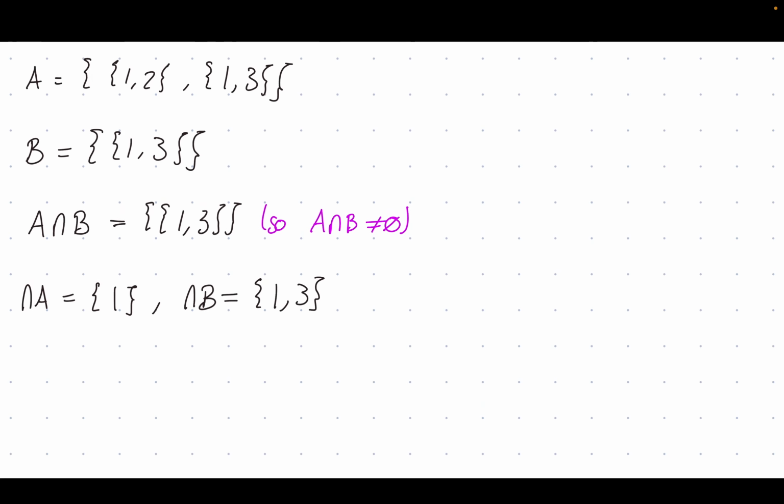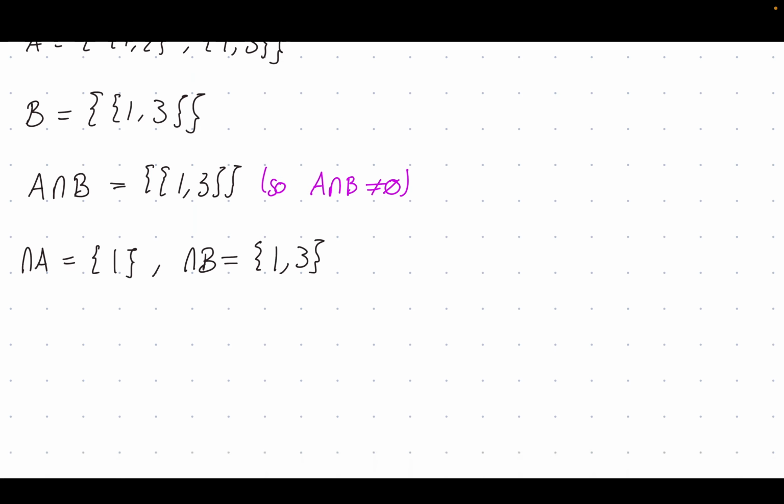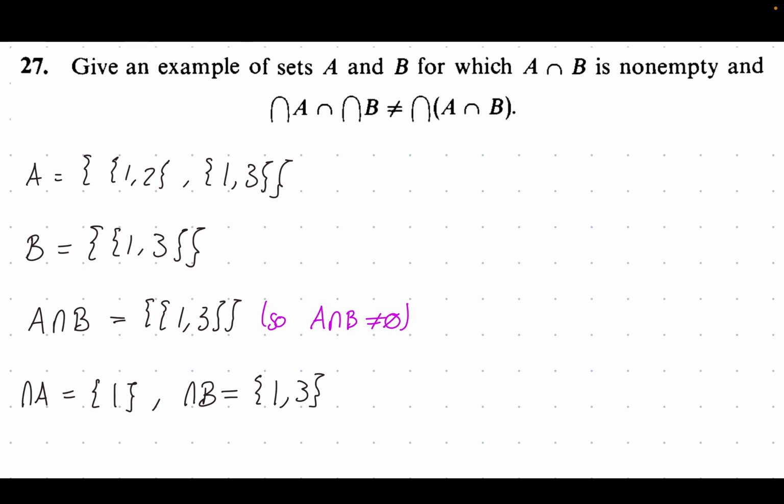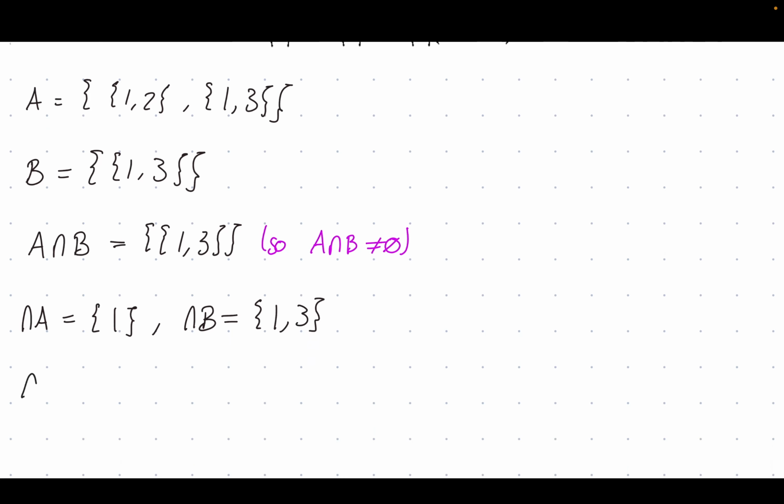So, what does this mean? This means that the intersection of A intersected with the intersection of B is going to be equal to the set of elements that appear in both. So there's 1 here, there's 1 here.